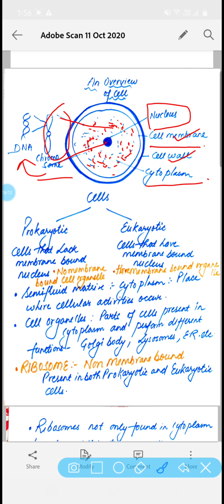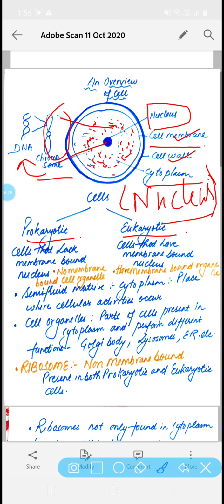Now on the basis of the structure of the cell, or particularly on the basis of the nucleus structure, the cells are divided into two categories. One is the prokaryotic cell and the other is the eukaryotic cell.